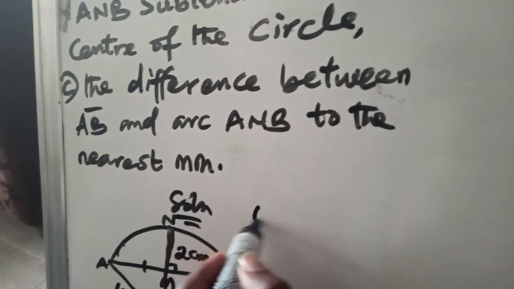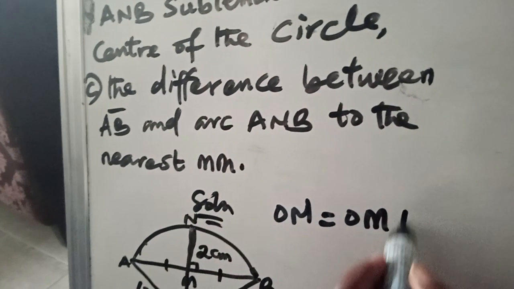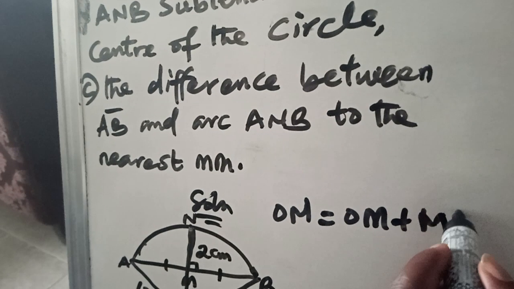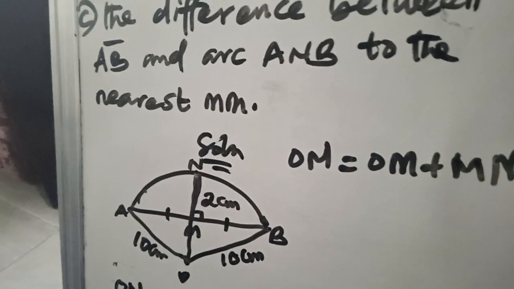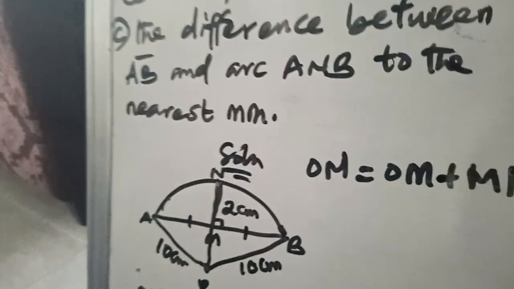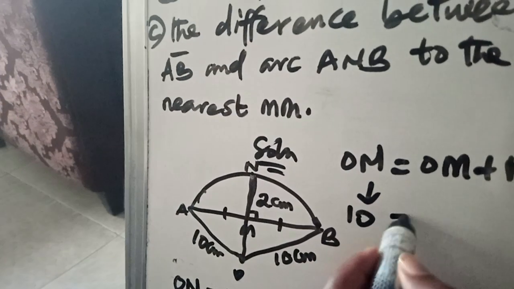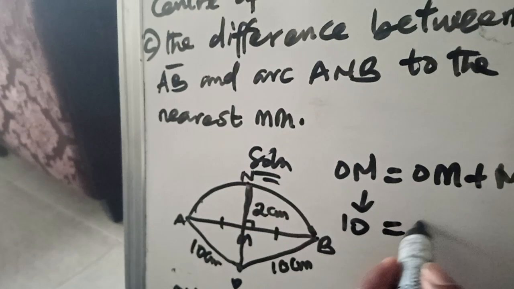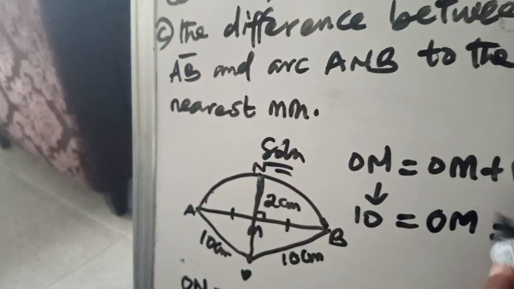Then ON is equal to OM plus MN. So if you look at it, we discover that ON is 10, OM is the one we are looking for, then MN is 2.